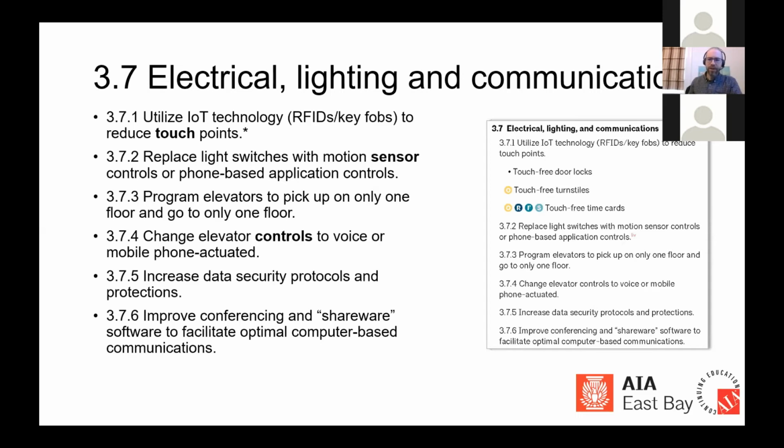And the elevator is the required accessibility mode of travel within multi-story buildings. And some voice or mobile phone operation may not be appropriate for occupants with certain kinds of disabilities.